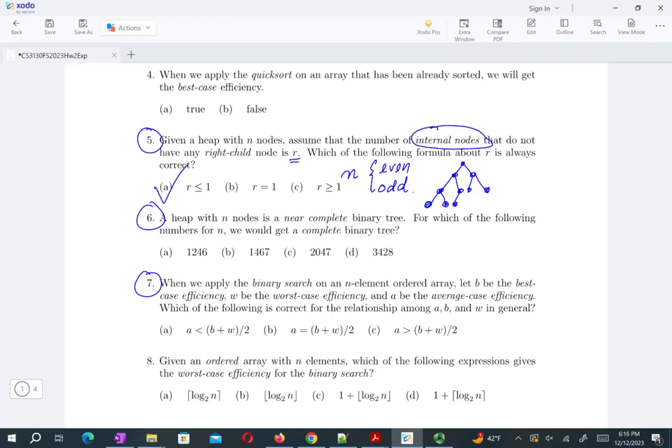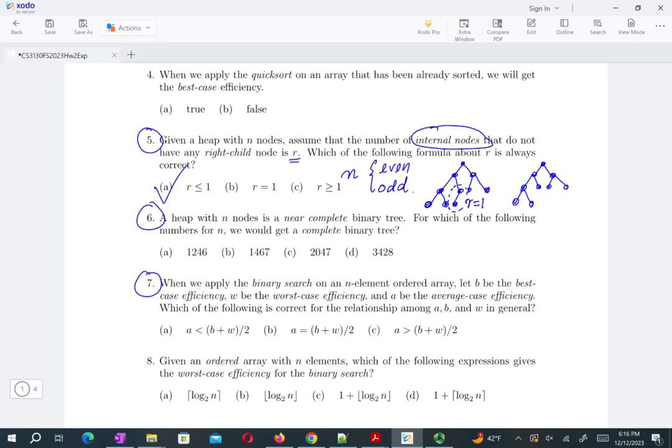For odd, similarly, I draw odd like this. For even, you can see R equals 1, right? Look at this part. R equals 1.